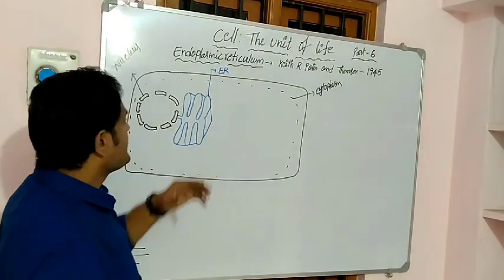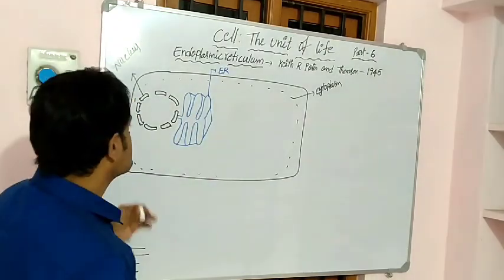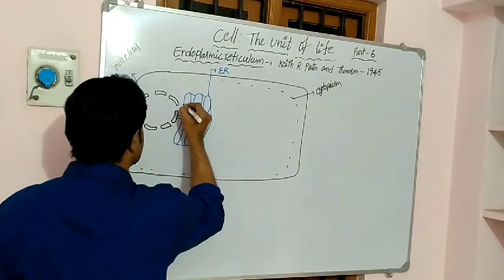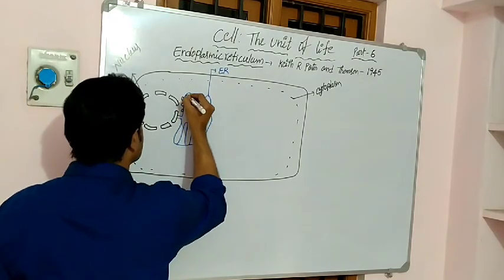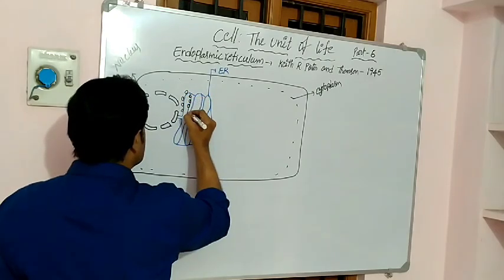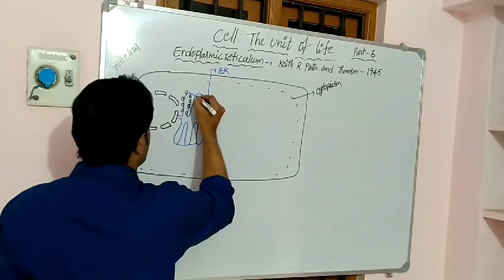In the endoplasmic reticulum, some portions, for suppose here, like this, contain special cell organelles.